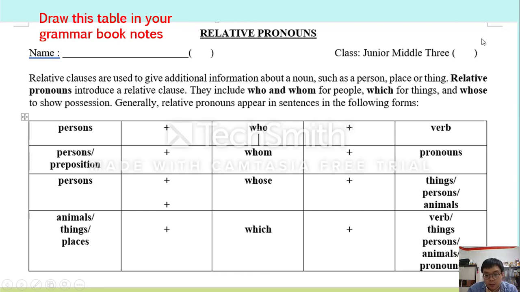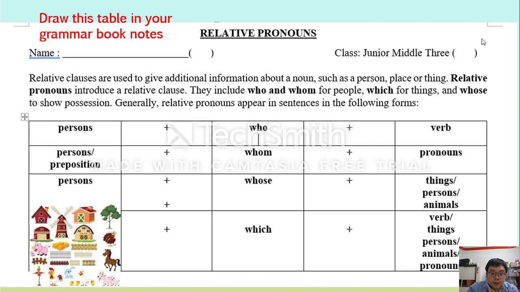Okay, now I'm going to sum up everything that we learned today. Okay, first, I have to use who, whom, whose, which, right? First, I look at the noun before the answer. If I see things or animals, then answer should be which.